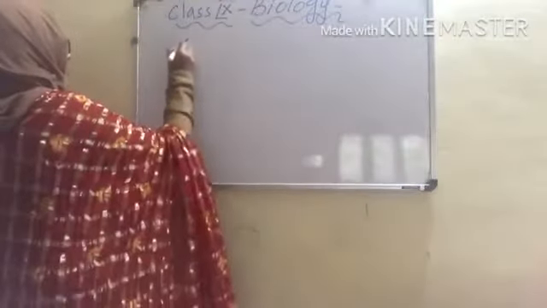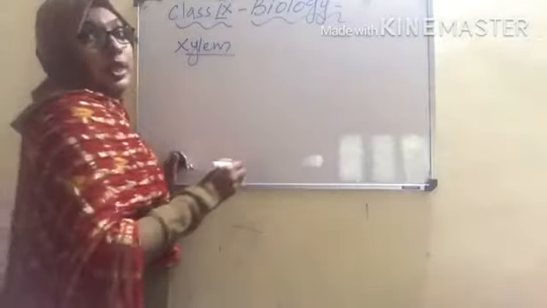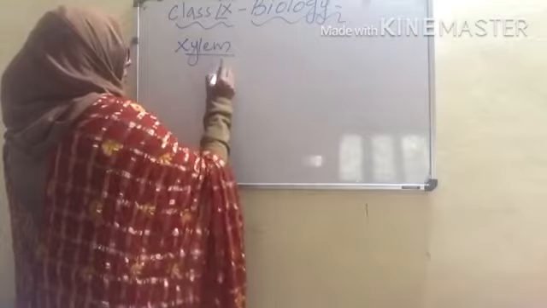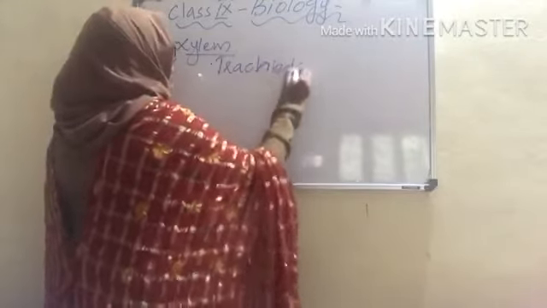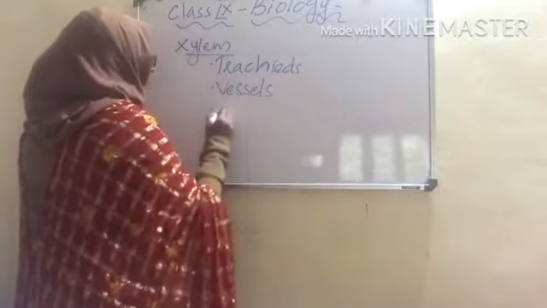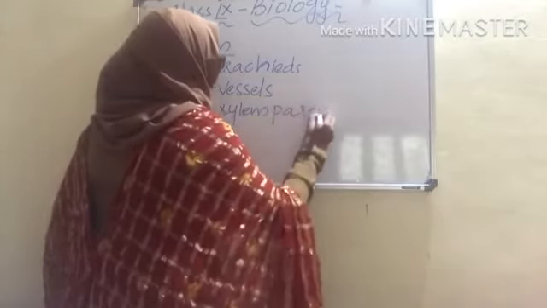Xylem in turn constitutes four elements. How many elements? Four elements. That includes xylem tracheids, xylem vessels, xylem parenchyma, and xylem fibers.